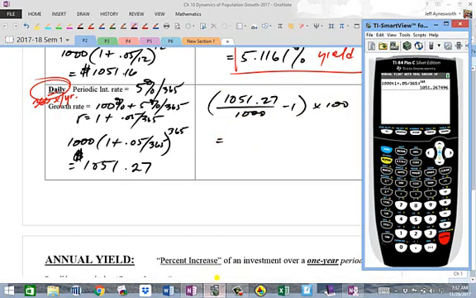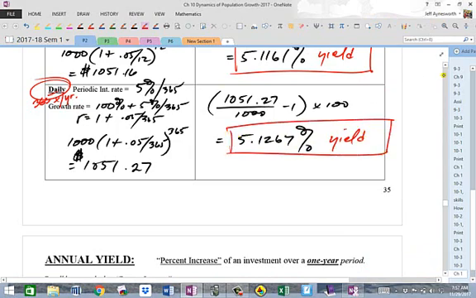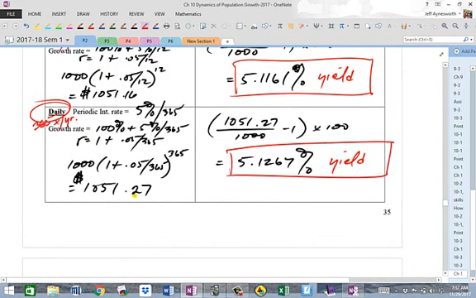So we work on that. You divide it by 1,000, minus 1, hit enter, change it to percent by multiplying by 100, and you get 5.1267% yield. And notice that that's higher than the previous one. Why? Because we gain more money.